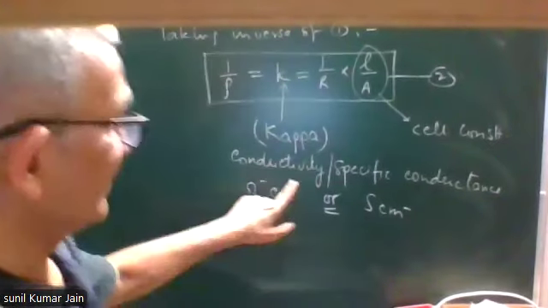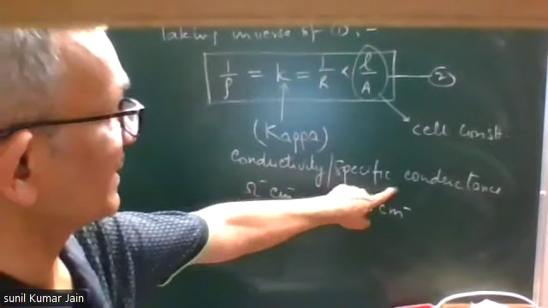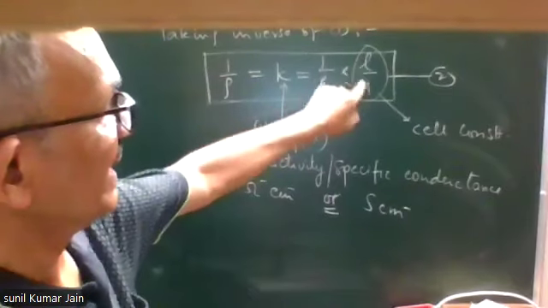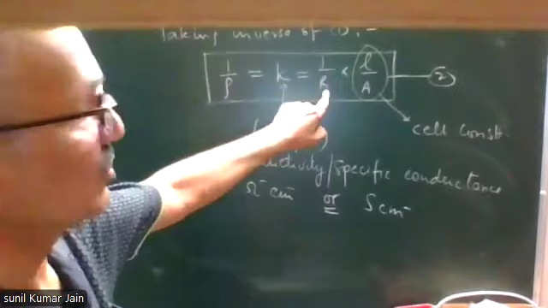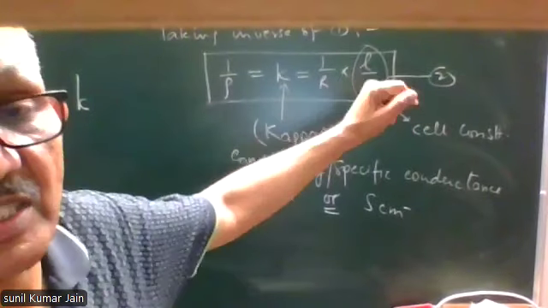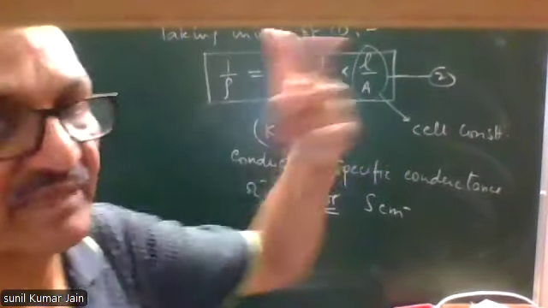Again, when we define conductivity or specific conductance, we take L and A equal to unity. So kappa will be equal to the inverse of resistance, which is conductance.